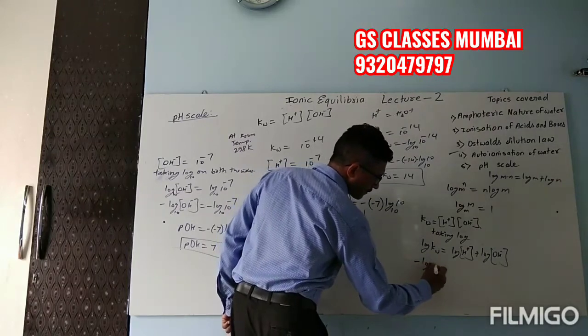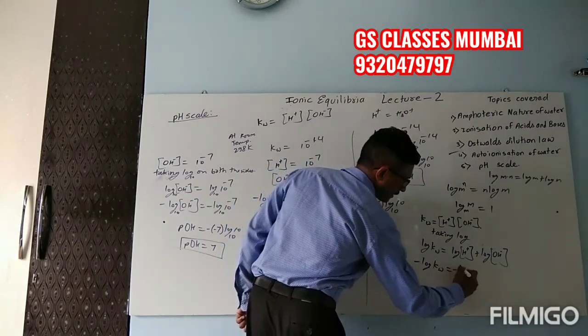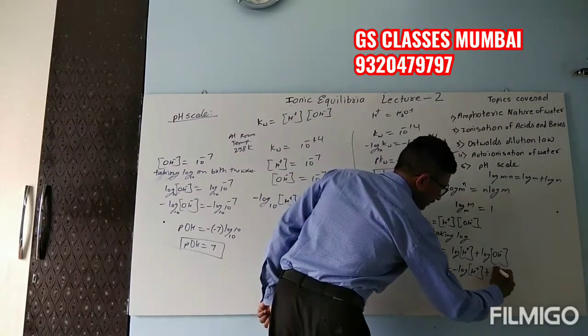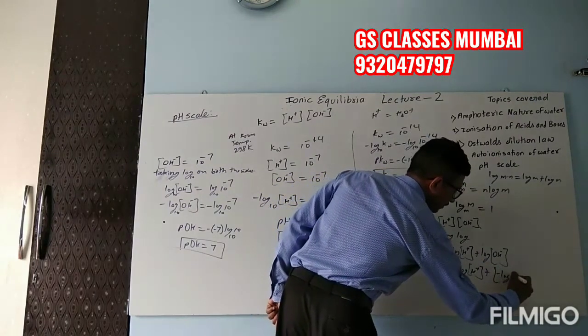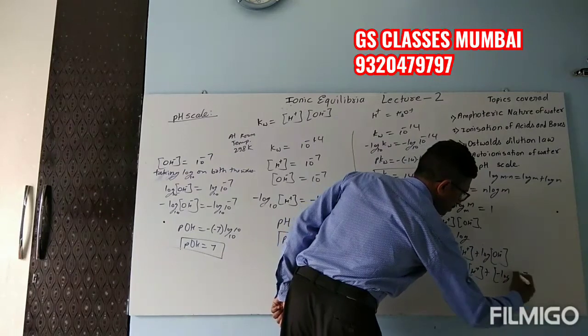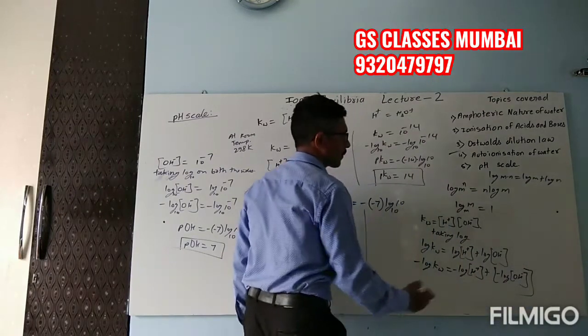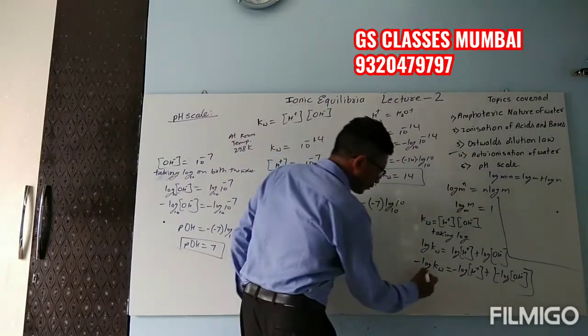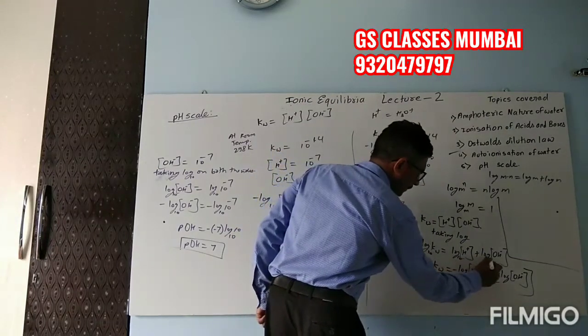Taking minus sign, it will become minus log Kw equals minus log hydrogen ion plus minus log hydroxide ion, and to the base 10 you take all the time.